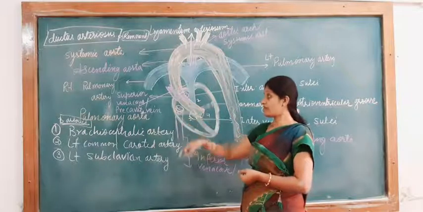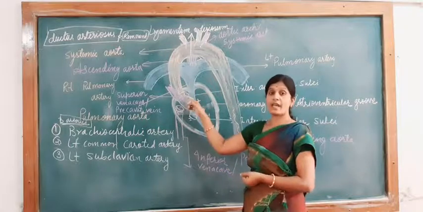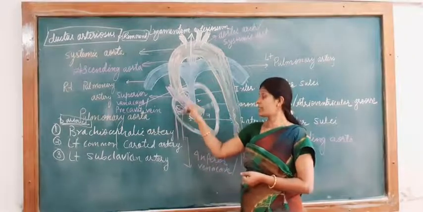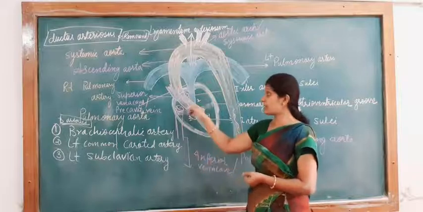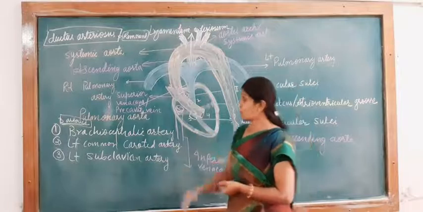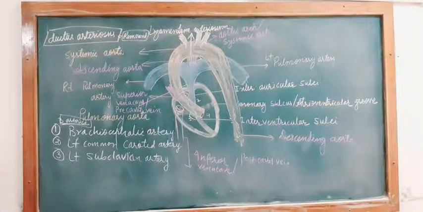Superior vena cava is bringing, inferior vena cava is bringing, and from the heart the coronary sinus is also bringing the deoxygenated blood. Means from three sides the deoxygenated blood is coming towards this right atrium. So in this way the deoxygenated blood is coming towards the right atrium.